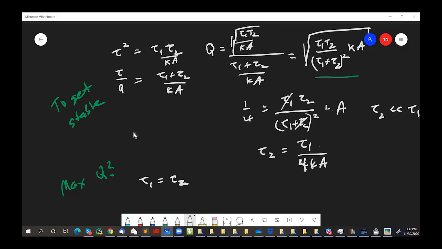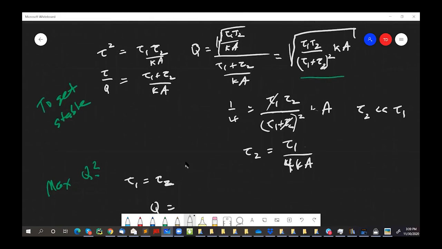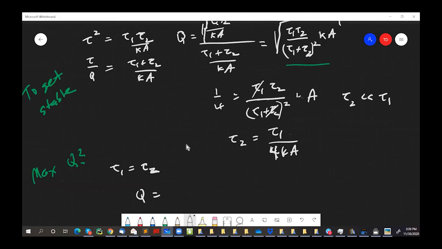And when that's true, then Q is equal to what? It's just tau squared divided by 2 tau times kappa A square root. Okay. It's equal to tau times the square root of the loop gain over A over 2.